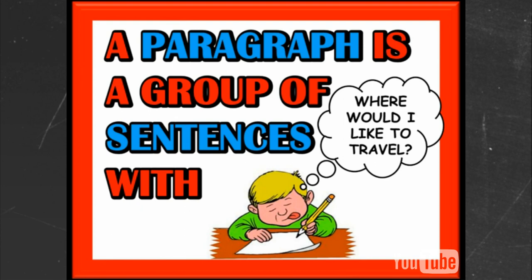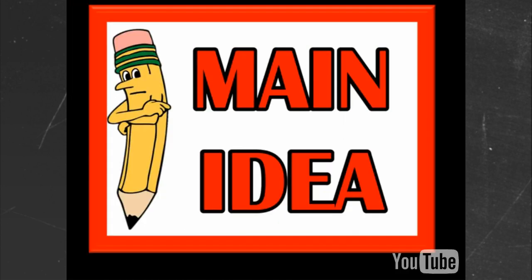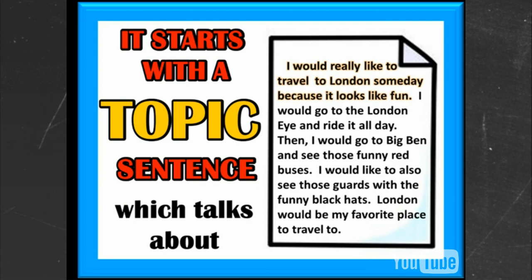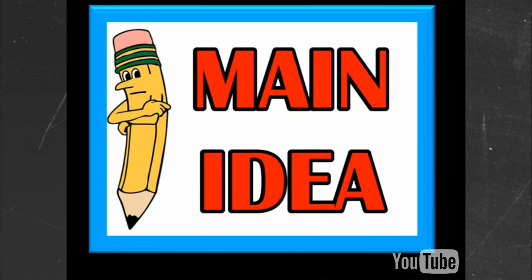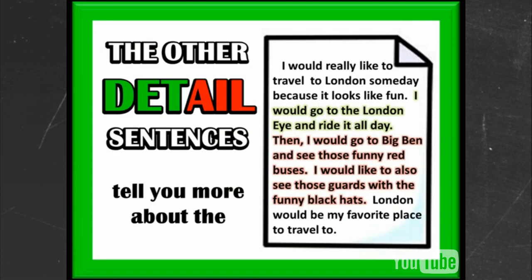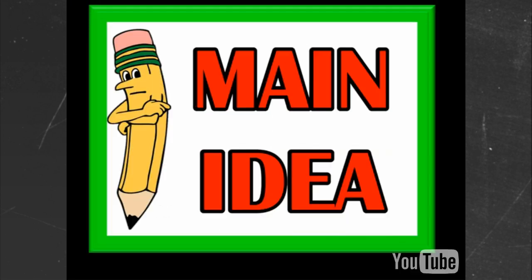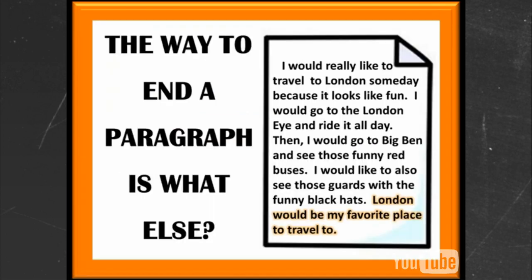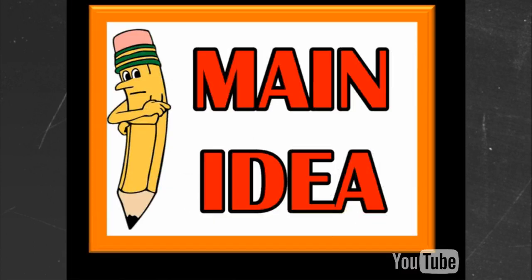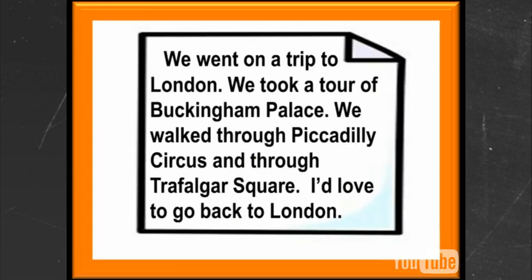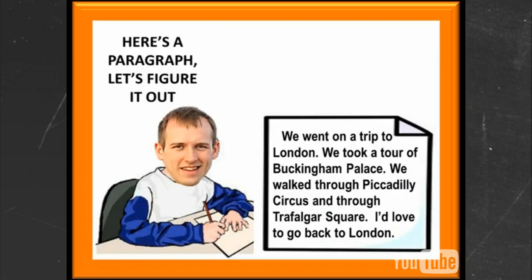A paragraph is a group of sentences with the main idea. It starts with the topic sentence, which talks about the main idea. The other detailed sentences tell you more about the main idea. The way to end a paragraph is what else? The main idea. Now, here's a paragraph.